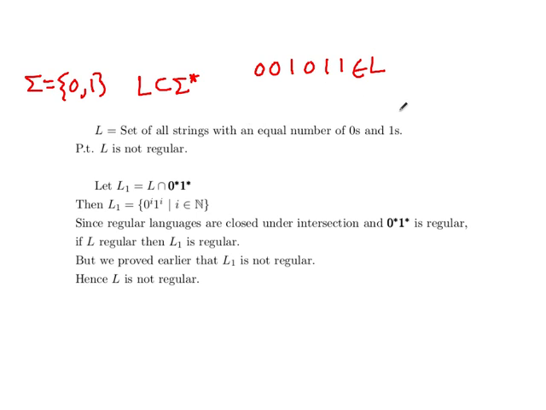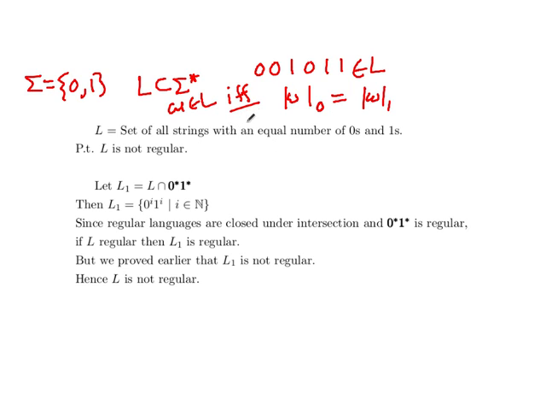In the exam, we even used this notation, the mod 0 or mod 1, right? So it's saying that w is in L if and only if the number of zeros is equal to the number of ones in w.